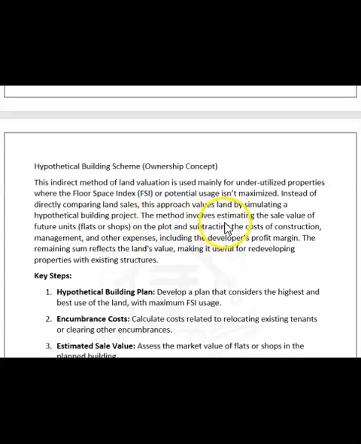This method involves estimating the sale value of future units, flats or shops on the plot and subtracting the cost of construction, management and other expenses including the developer profit margin. The remaining sum reflects the land value, making it useful for redeveloping property with existing structures.